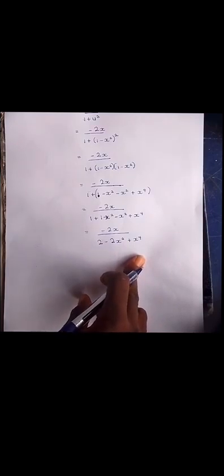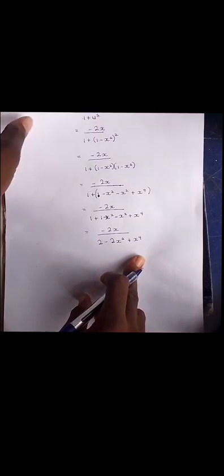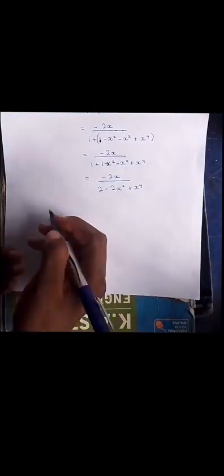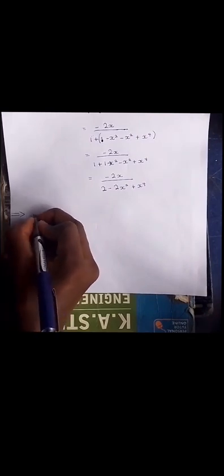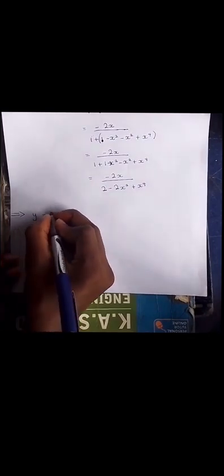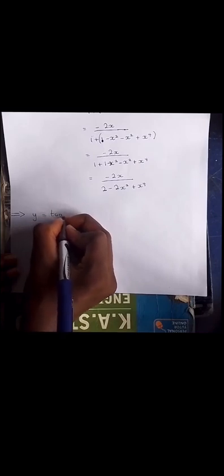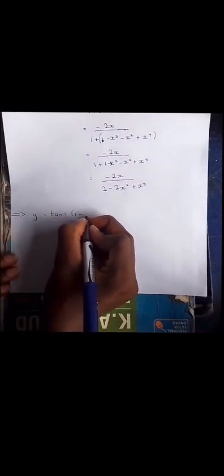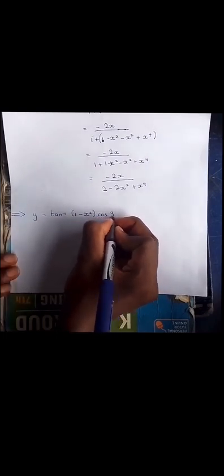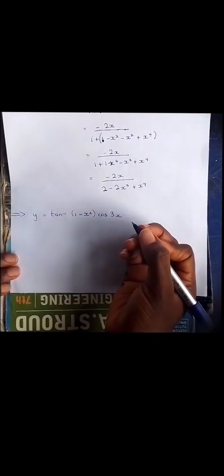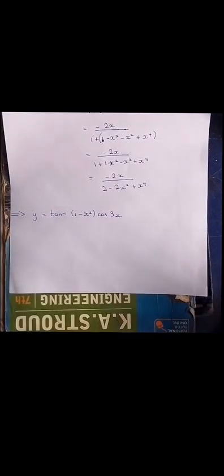Remember, I told you that the main question was to use the product rule. So the main question is going to be y is equal to arctan(1 minus x squared) cos 3x. And what's our product rule?